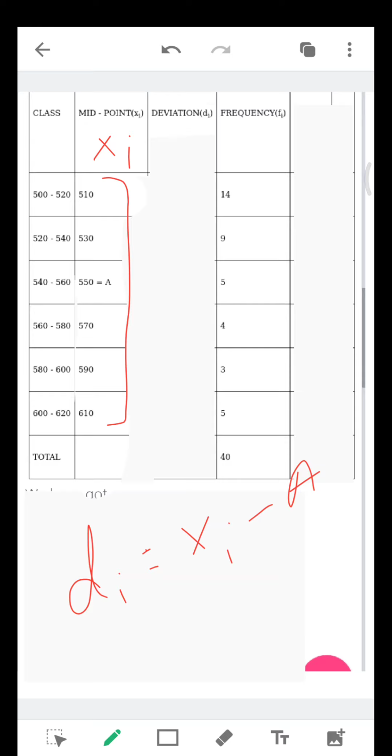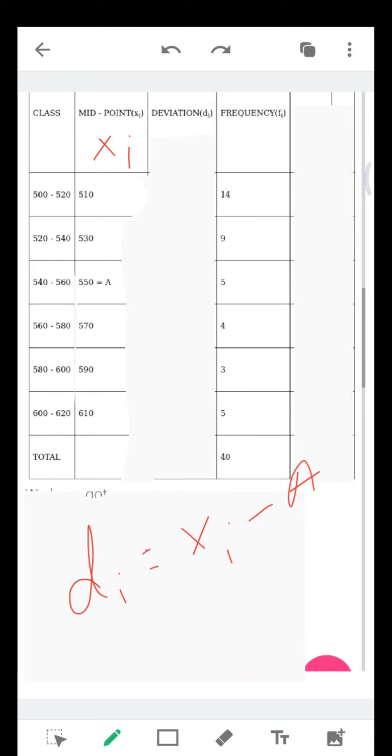You can take any one as assumed mean. Here I have taken 550. You can take even 570 as assumed mean, that doesn't matter because we are assuming it. Somebody may ask, sir, why can't we take 510? Yeah, you can take even 510, but most preferably we take from the middle.